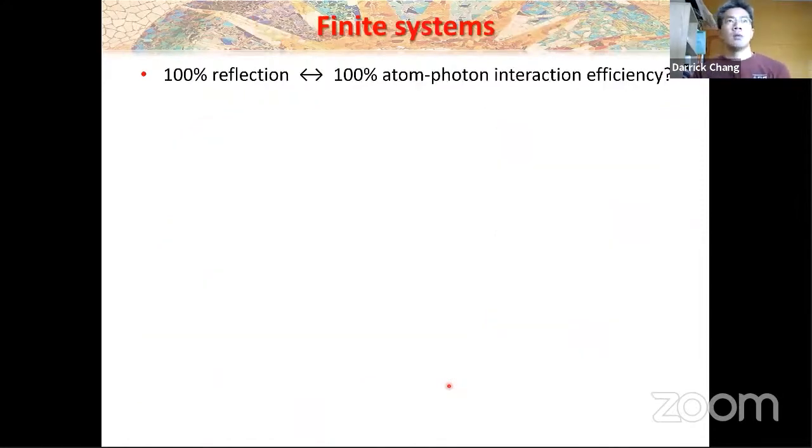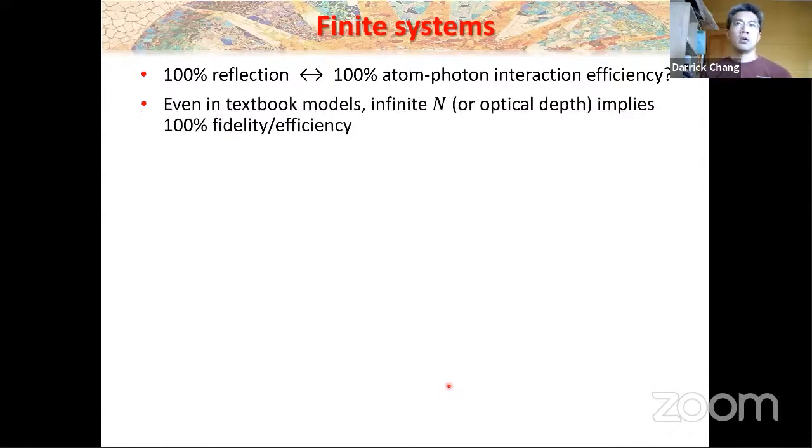Okay, so the 100% reflection is a neat effect, but more deeply, I think a more interesting question is to ask whether that 100% reflection really signifies 100% atom-photon interaction efficiency. And it turns out that it does, but before being too excited about that, we have to be a little bit careful, okay?